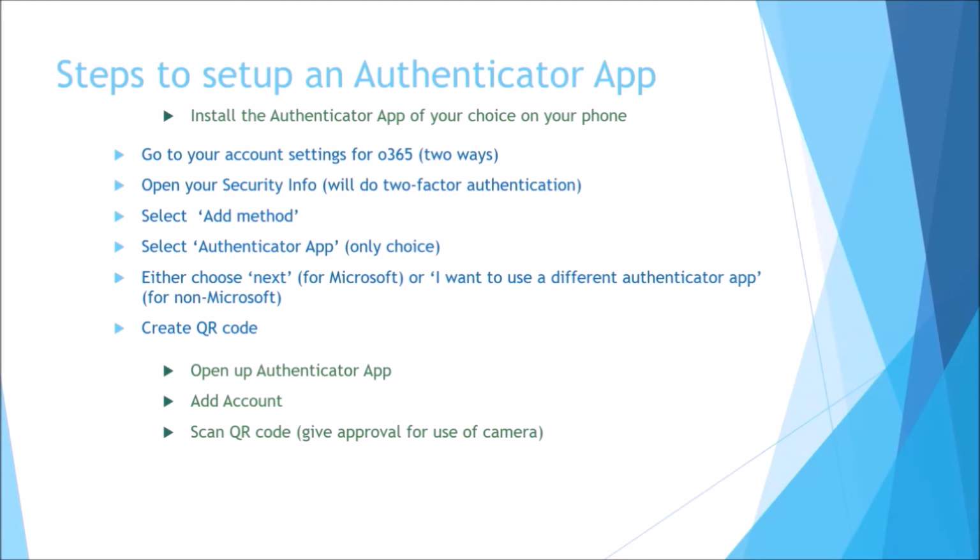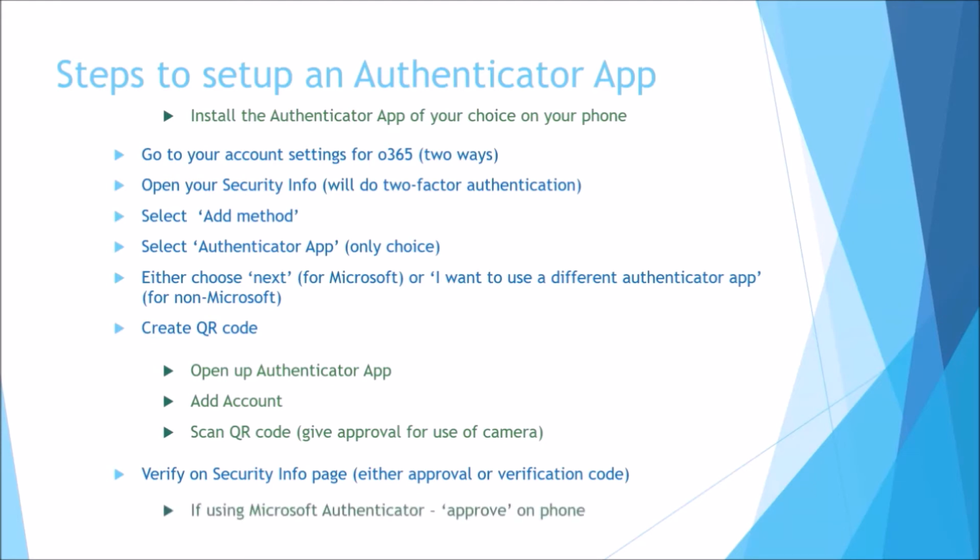It's the final stretch. And the final thing we need to do is we need to connect the web page to the app. So we will return to the web page where your My Account information is. If you're using the Microsoft Authenticator, it will automatically move forward and submit an approval to your Authenticator app, which you can then approve on your phone to make the connection.